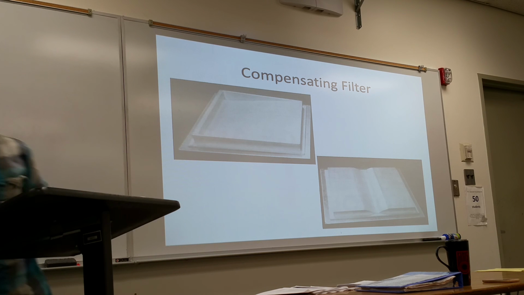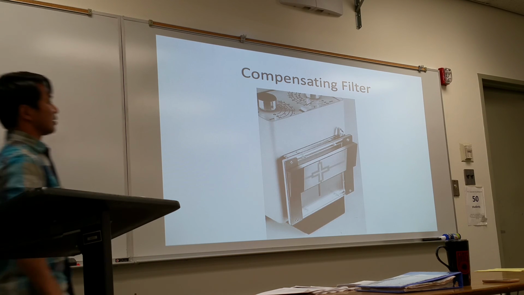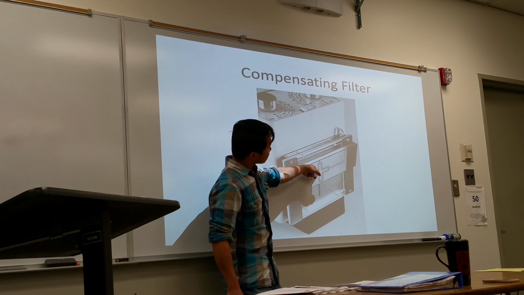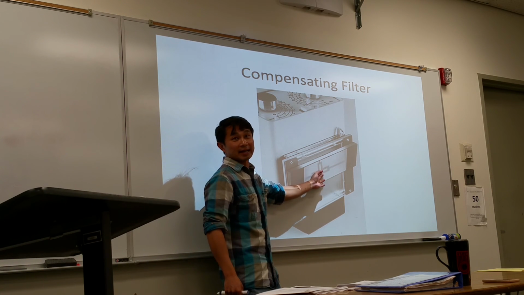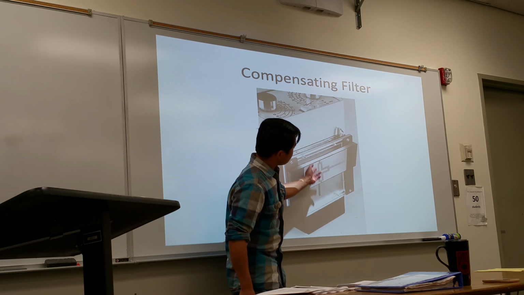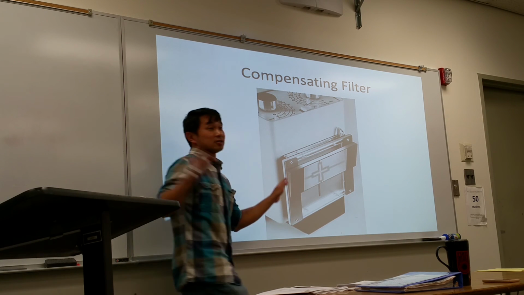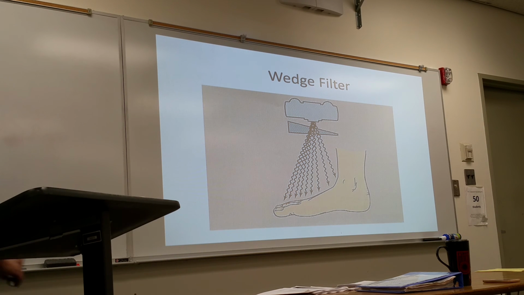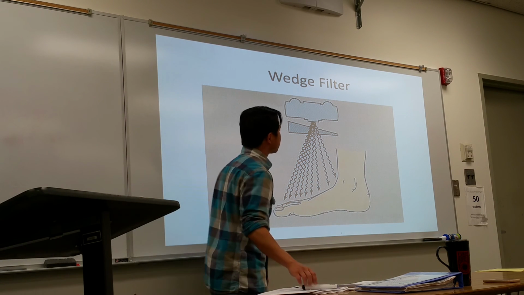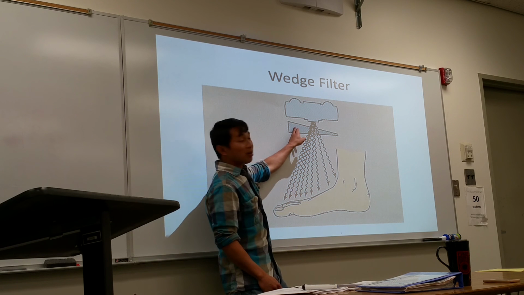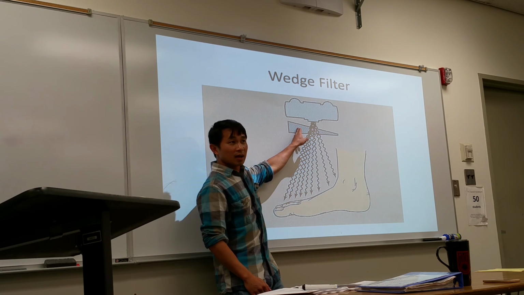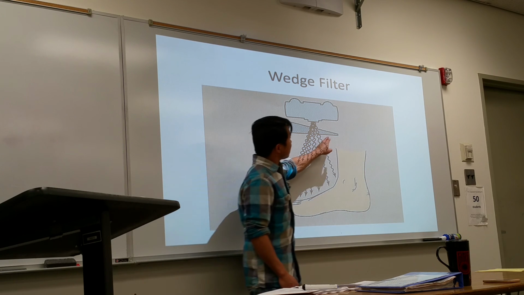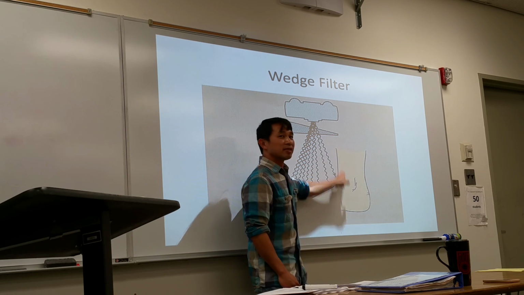With the wedge filter, this is made out of plastic, so it's put on the beam and collimated so it won't cover the light coming out. Honestly, I've never used it. The way it's set up, you place the thick part of the wedge on the thin part of the anatomy, and you place the thin part of the wedge on the thick part of the anatomy.